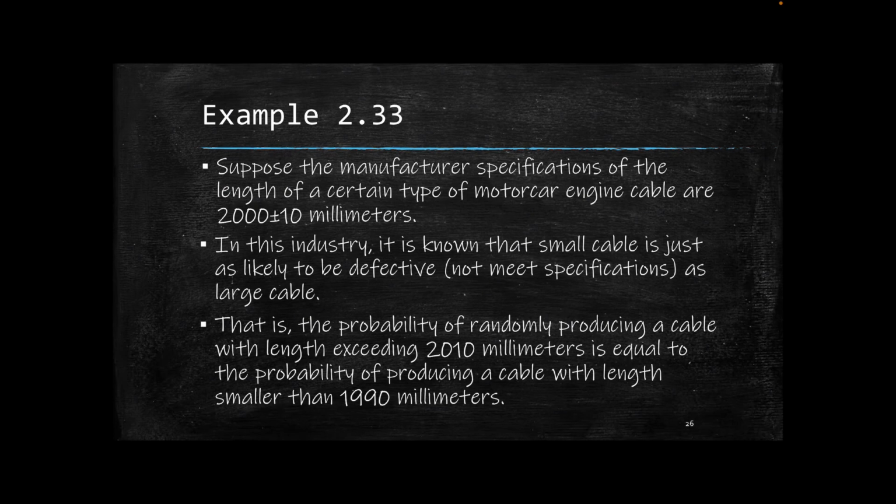This is the final example of the topic today. Please take some time to understand the given problem. The example is about the engine cable specification. There are conditions for the cable that are likely to meet the specification, and the defective condition.